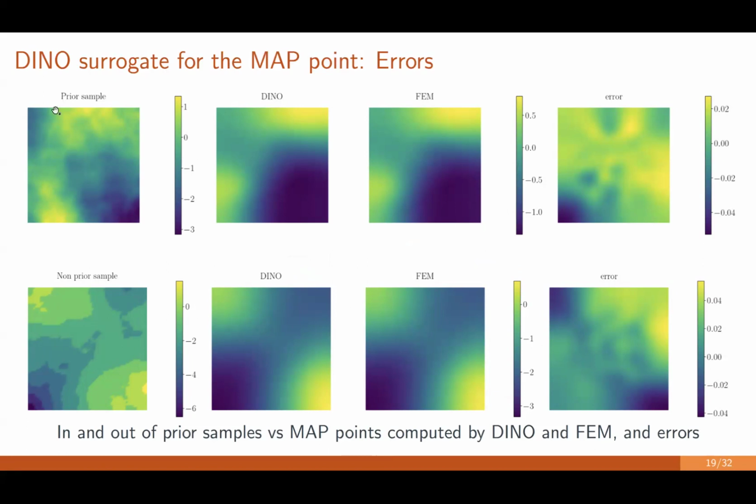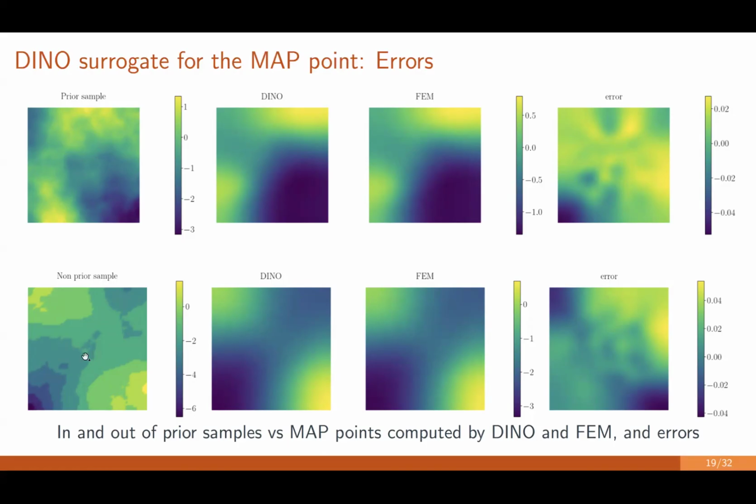So here's our MAP point computation. Here's our prior sample, and we can compute the MAP point using our DINO derivative informed neural operator. You can see it matches pretty well, and this is a relative error with a smaller magnitude. This is for one of the test samples in our distribution.